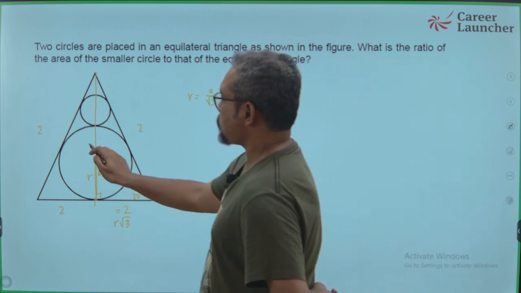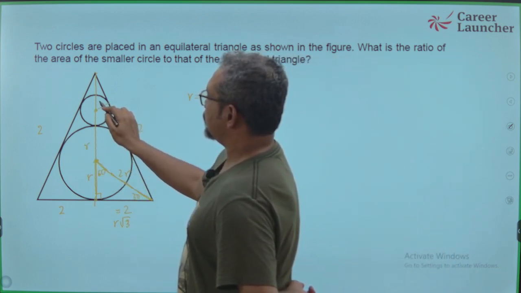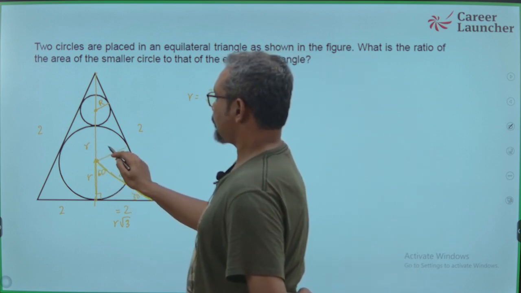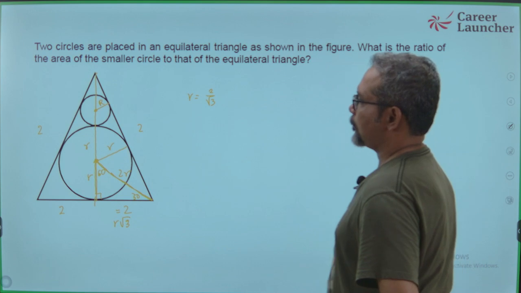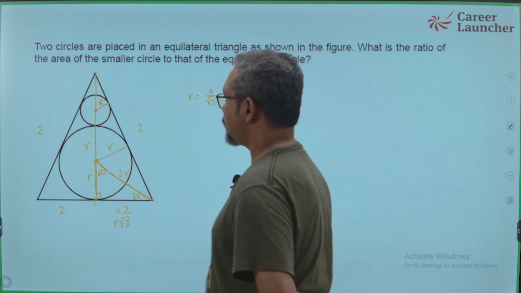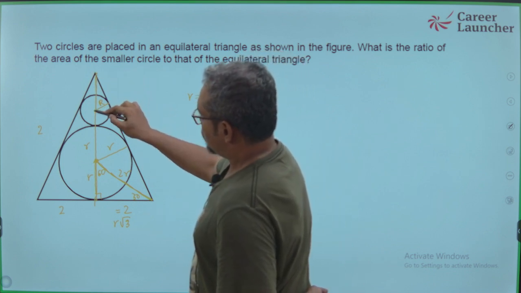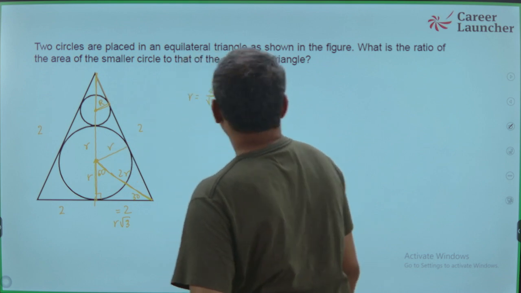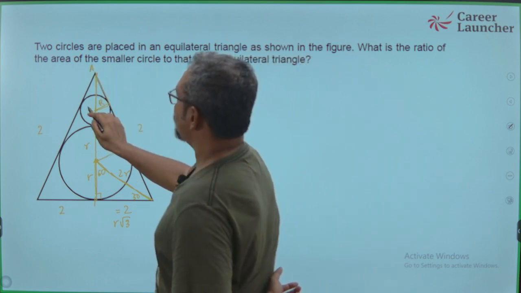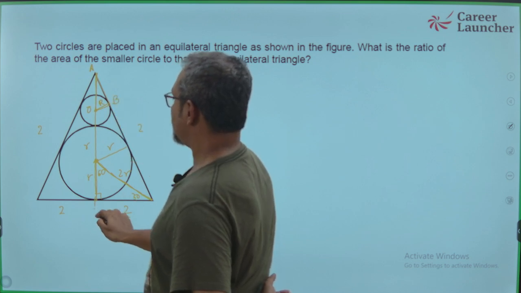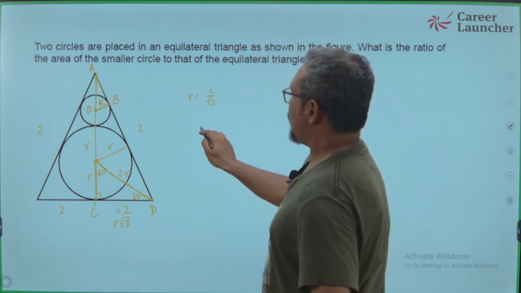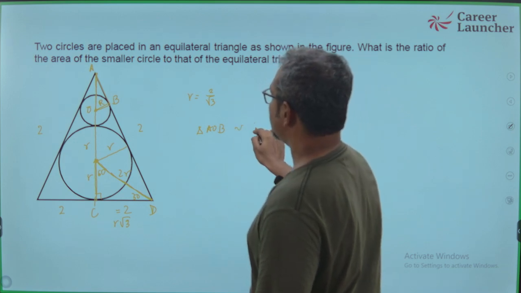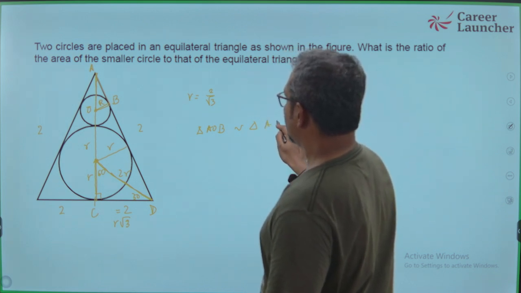This is also r. Now let's call this capital R. If I look at this triangle here, let's name this A, O, B, and let's call this C, D. So triangle AOB will be similar to triangle ADC.